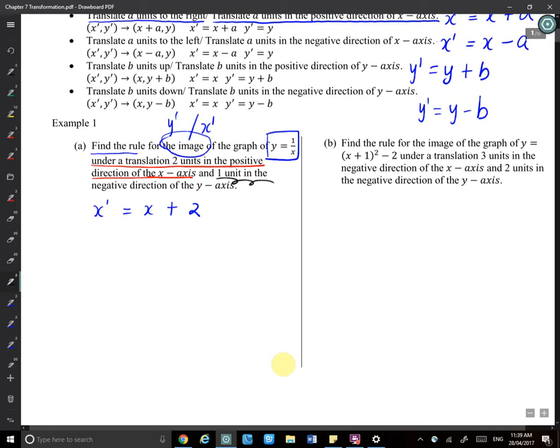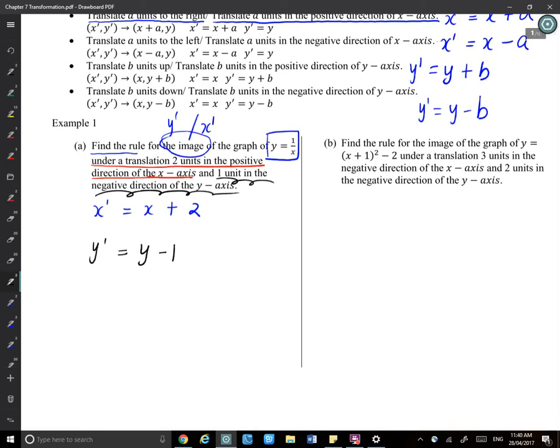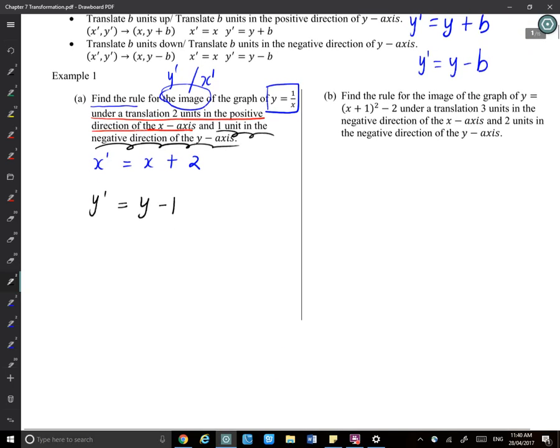And then 1 unit in the negative direction of the y-axis. So your y dash must equal the old y minus 1, which is translate 1 unit down. According to the red line and the black line, we can write those 2 equations.